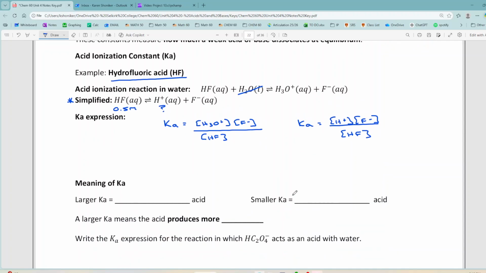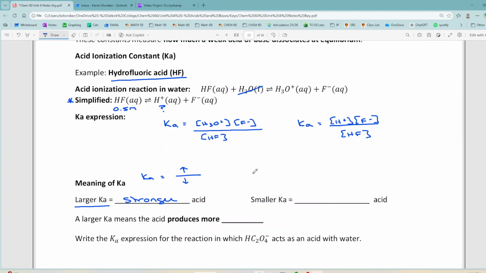So what does a Ka mean? Well, it's the ability of the hydrofluoric acid, or your acid, to donate a proton. If you have a large Ka, it means that you've dissociated to a larger extent, right? To have a large Ka, you would have to have increased products and decreased reactants, meaning that it would be a stronger acid.